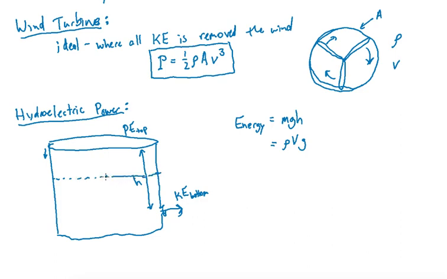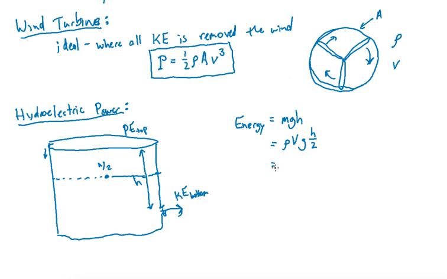The center of mass would be in the middle at h over 2, and it would be equivalent to letting all of that water fall a distance h over 2, because the stuff at the top falls all of h, but the stuff down lower doesn't fall all of h. So effectively, it acts as though it all fell from the center of mass, which gives us a height of h over 2.